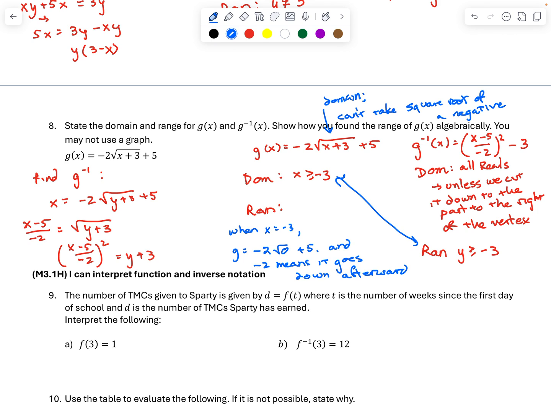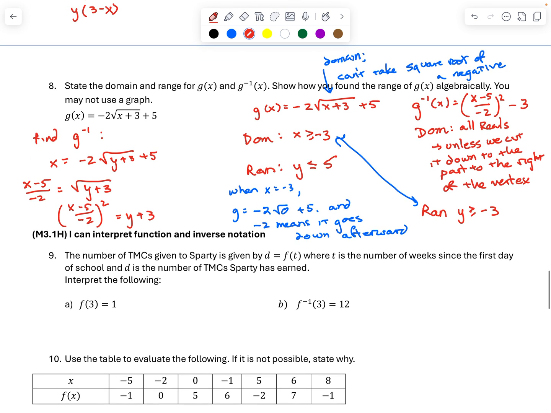So this is going to be y less than or equal to 5. Sorry. Okay.